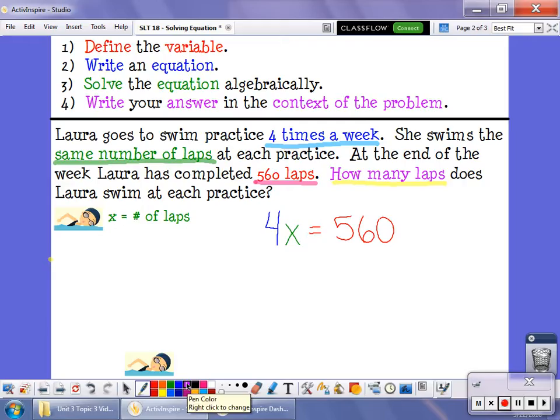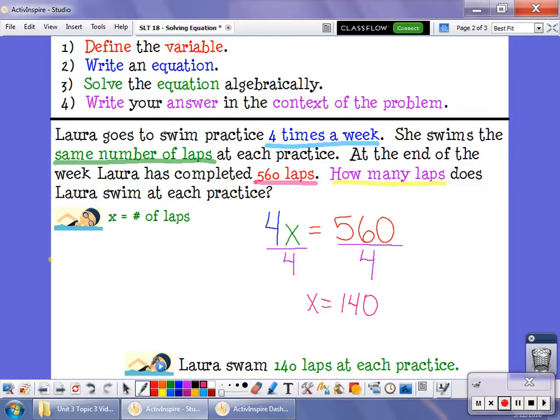Now I need to solve this equation algebraically. So the opposite of times 4 is divide by 4. And I'm going to find out that X equals 140. And if I know that X is my number of laps, when I go to write this in a sentence, it means Laura swam 140 laps at each practice.